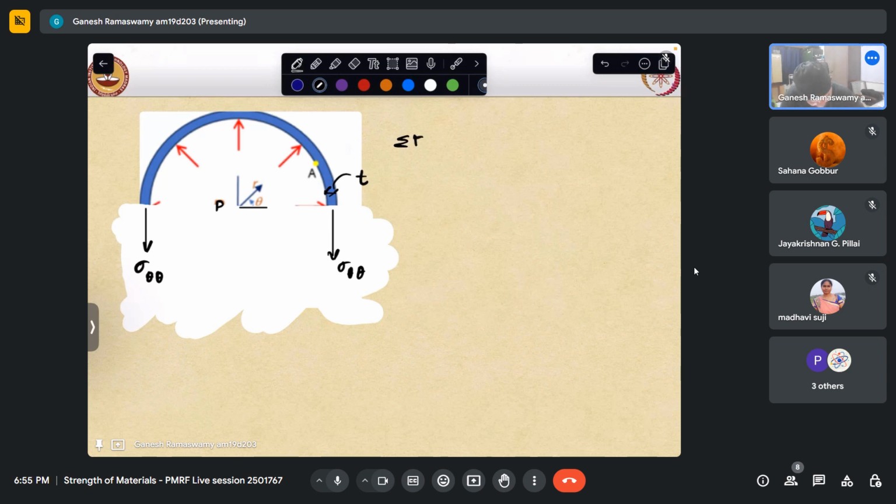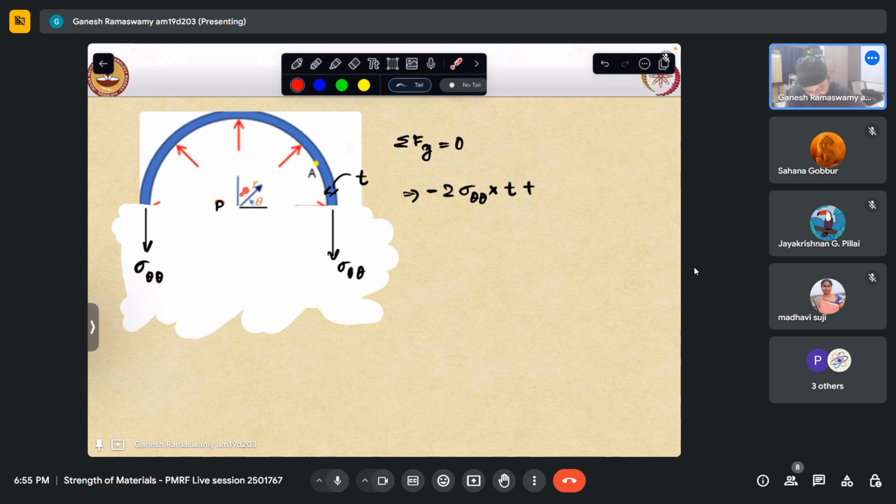if I take sigma Fy equaling 0, what will I get? What is the force, downward force due to this sigma theta? I have 2 of these. So I take 2 sigma theta theta into this thickness, which is T. This is in the downward direction, so I have this as negative. And then on the upward direction, I have the pressure. Now pressure, only at this point it is applied parallel to the y direction.